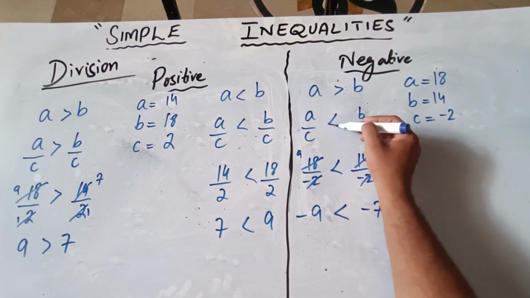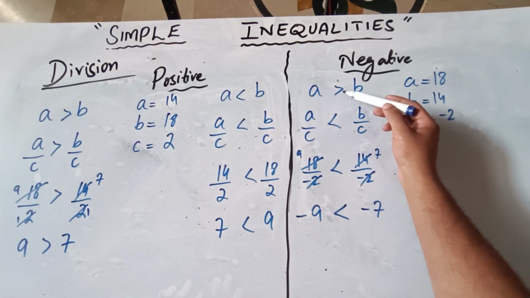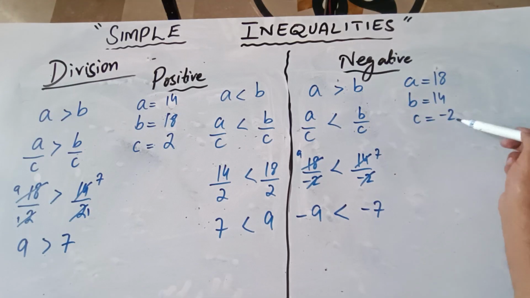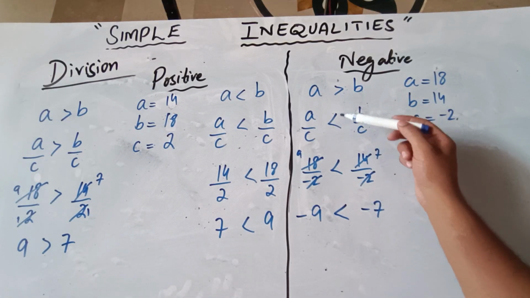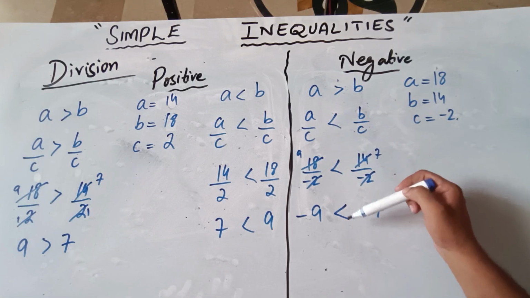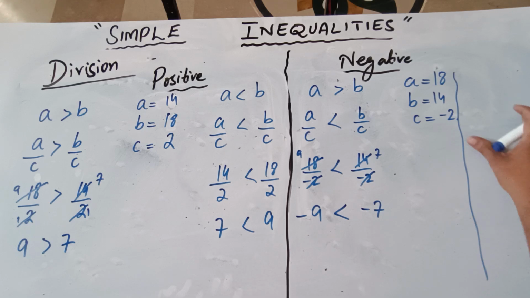Lesser. So what has happened? We have initially started with the greater than sign, but if we divide both parts by a negative number, the inequality sign will be reversed. If it was greater than, it would become lesser than, and if it was lesser than, what will happen?